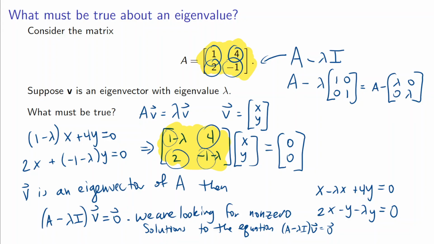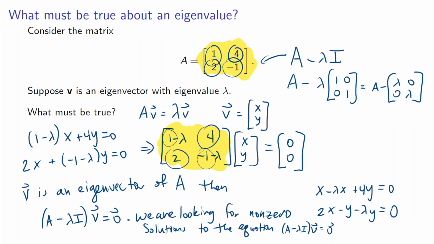And what we've studied in a previous section is the fact that this particular homogeneous equation will only have non-zero solutions if that matrix, which in this case is A minus lambda I, is non-invertible and would therefore have determinant equal to 0.